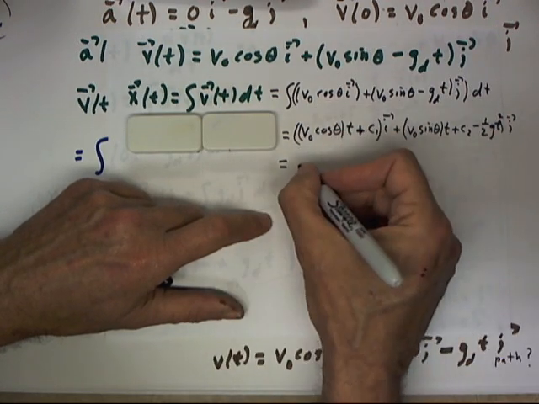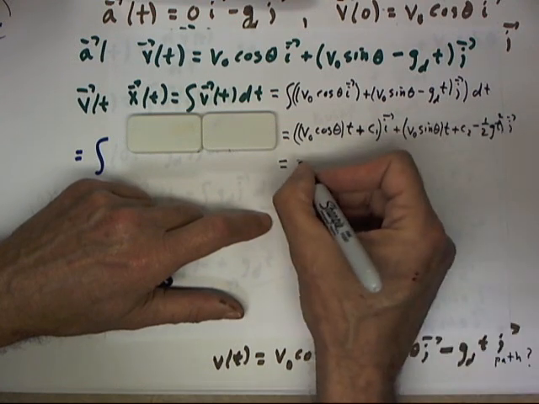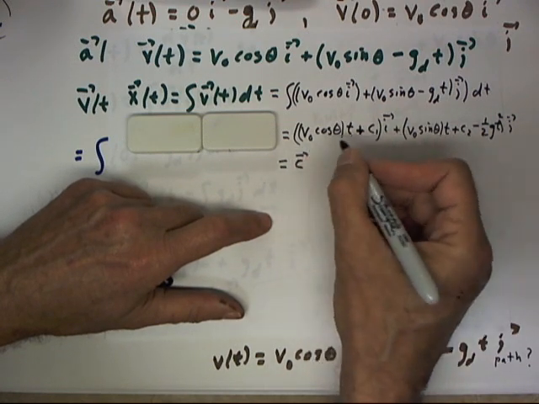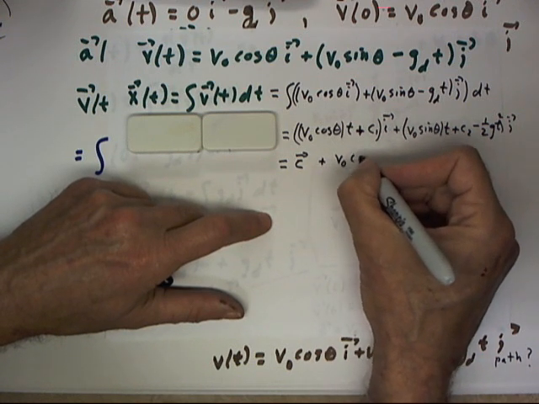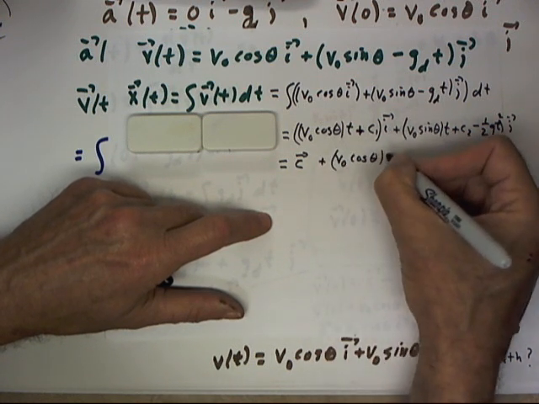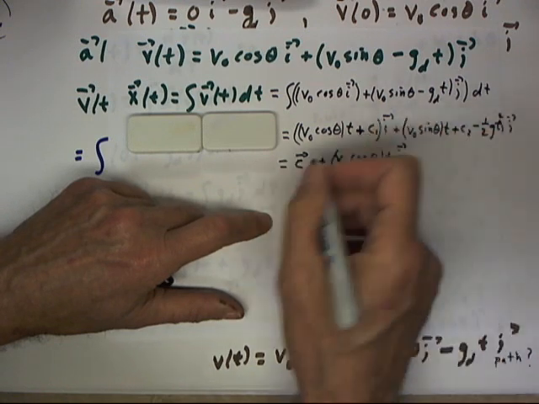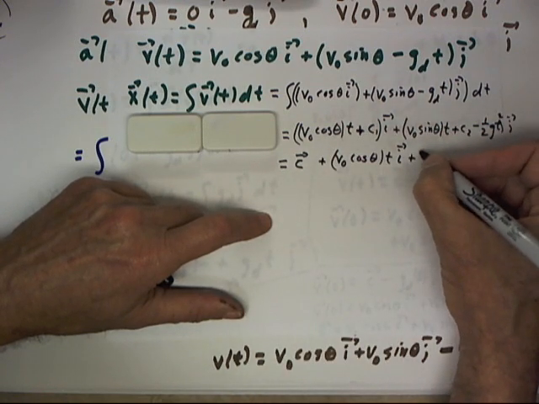Following what we did before, we're going to write the C1 i plus C2 j as just a constant vector C, and then write out our components.